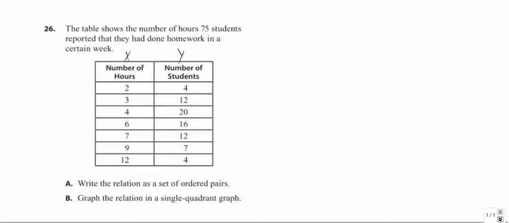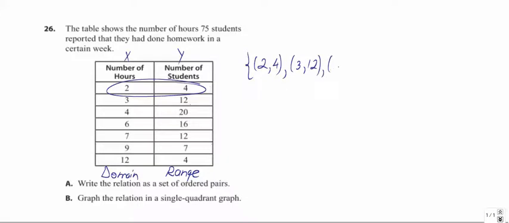Basically, the first column will represent your domain, the second column your range. And now, this is your relation. First, ordered pair 2 and 4, right? Next one, 3 and 12. Next one, 4 and 20.